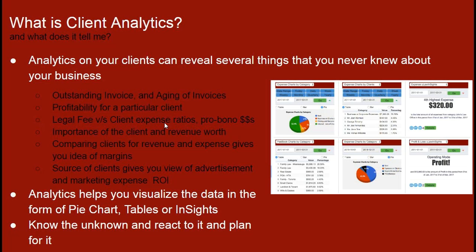Or let's put it this way, the probability of your fees being paid on time in full is higher if your source of contact was a personal referral. So you may already know this in your mind, but do you have the data to prove it to you is the question. And if you have the data to prove that, then it's science.